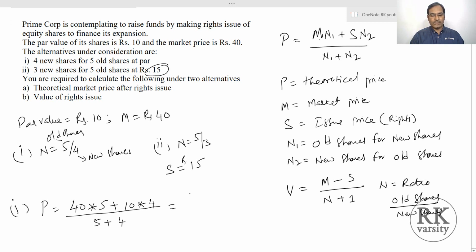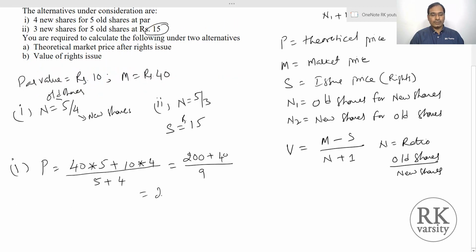So this equals 200 plus 40 upon 9. So this equals 240 upon 9, and this is 26.67. So the theoretical price after rights issue will be 26.67 rupees.